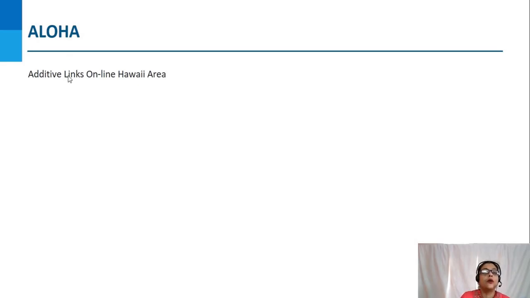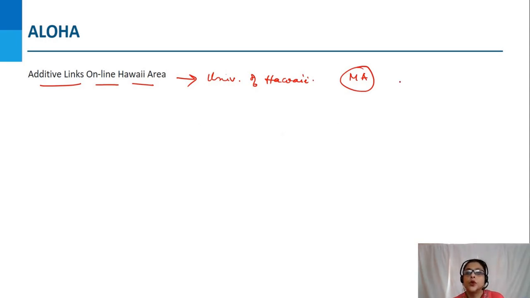We start with ALOHA. ALOHA stands for Additive Links Online Hawaii Area. This has been defined by the University of Hawaii. Now, ALOHA is a purely multiple access protocol without any mention of collision. We have pure ALOHA.